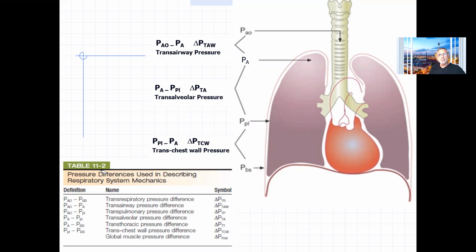Table 11.2 names that relationship. If we're looking at a relationship of two different pressure measurements, we call it something and we use a certain symbol. So again, in the previous slide, we looked at this graphic and we looked at airway opening pressure.